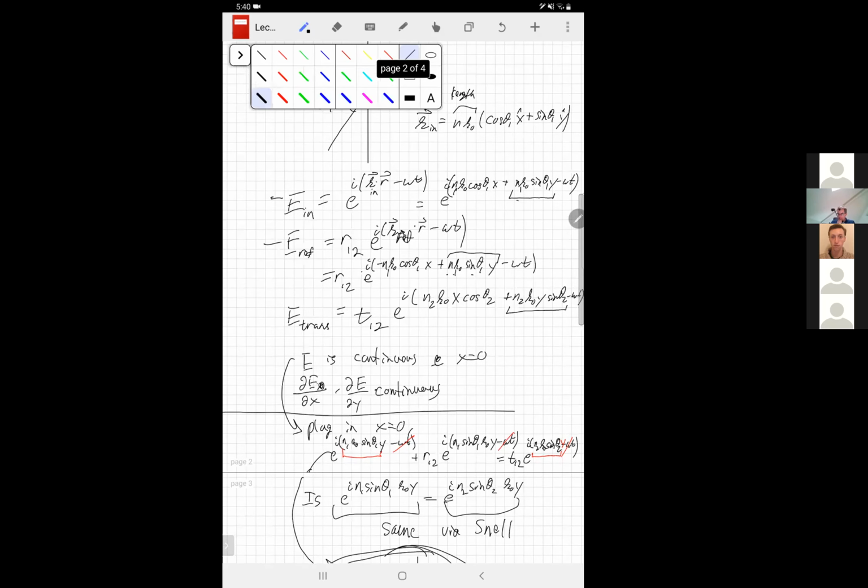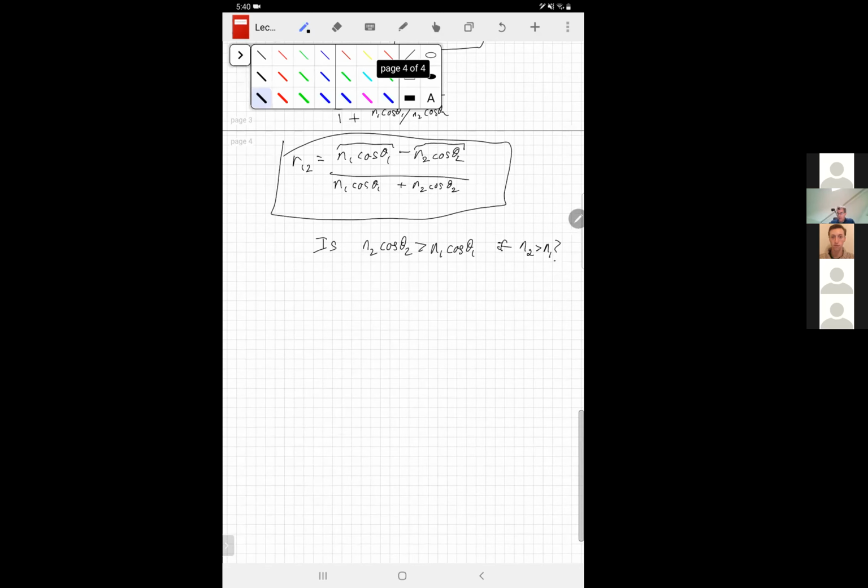Probably the same way that we figured out what to do up here, canceling out n sine theta and the exponents. I'd look at Snell's law. What we have is, let's say that this is theta 1, is n1 and it's less than n2.